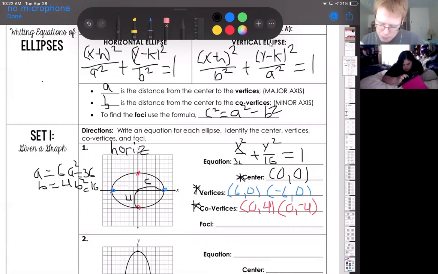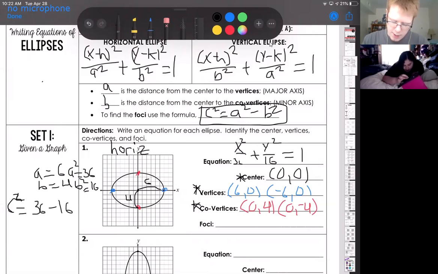To get our focus points, we just use this formula here. So c squared, and since I know what my a squared and b squared are, it'd be 36 minus 16. So that's 20, so c squared equals 20.